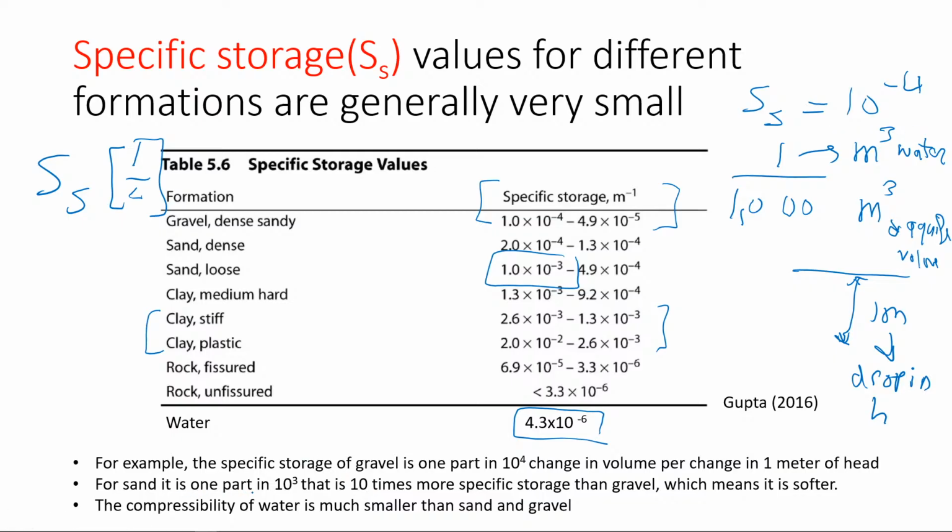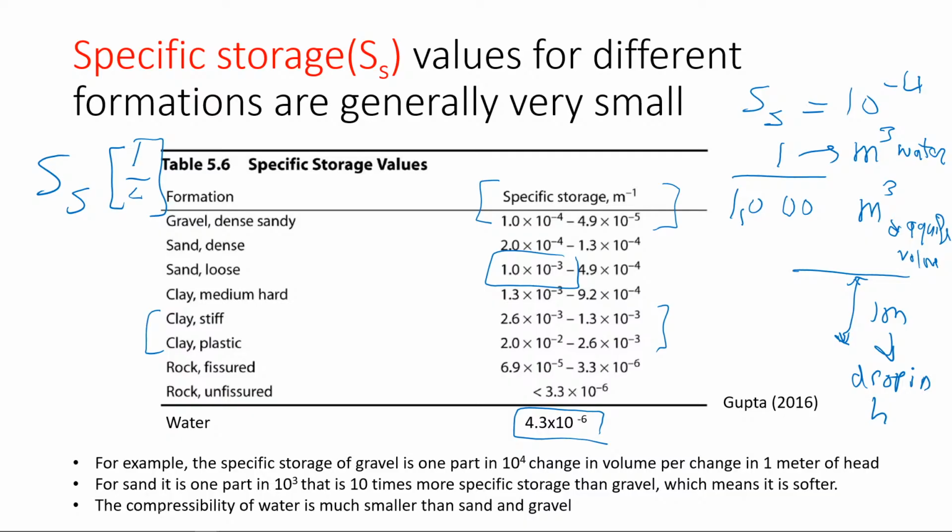So for sand, it is 1 part in 10 to the power 3. That is 10 times more specific storage than gravel, which means it is softer, basically. Because sand is softer than gravel, you can compress it more, and then you can have more storage of water.